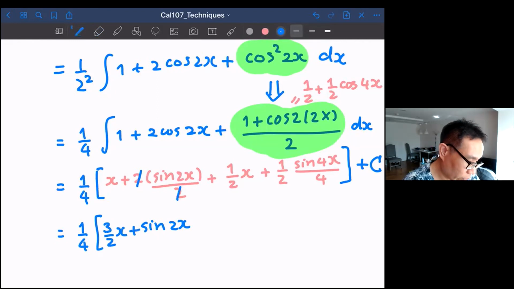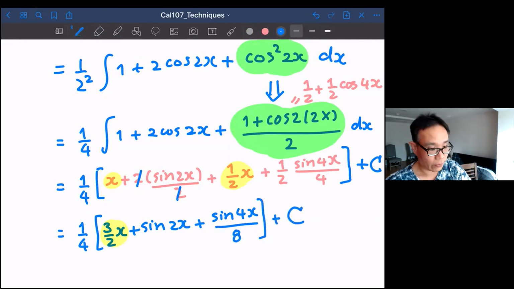So this guy and this guy can be combined together. And then you get sine 4x over 8, and then plus c. So this is how we obtain the final answer.